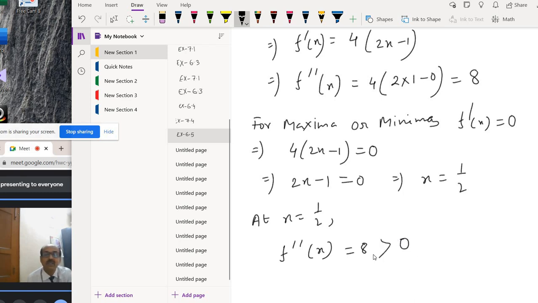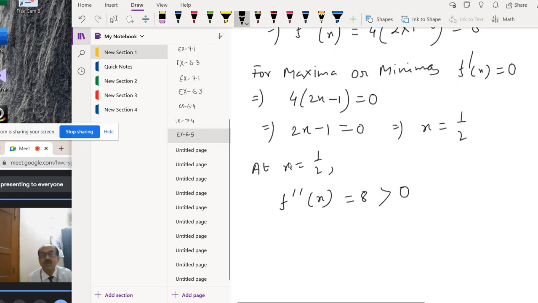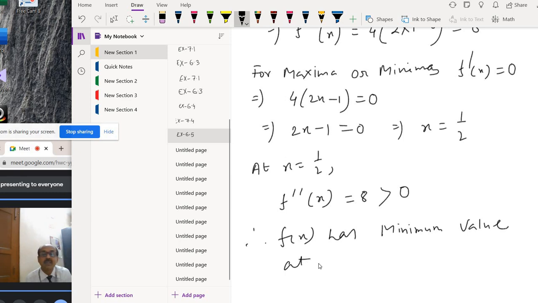Now we can say, since it is greater than 0, the given function has a minimum value at x equal to half.